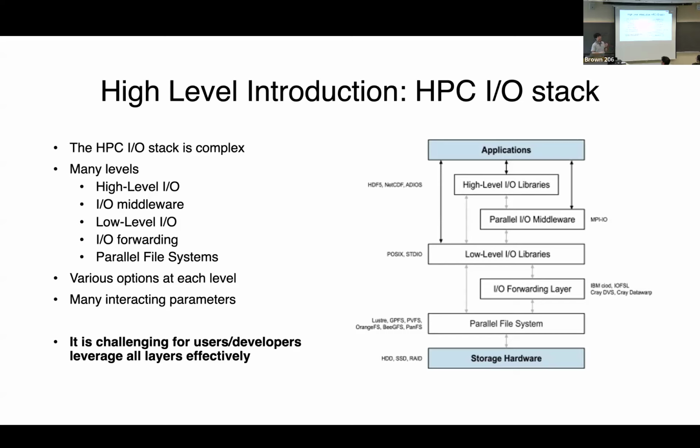And when you get into that situation, what you look at is this stack. And what you want to do is to see, oh, my application is not doing well here. How can I make it perform well? So it's very challenging for them to do so. What they are doing right now at NERSC, for example, one of the largest open community HPC centers, is that most of the domain scientists have to rely on IO experts, like the ones they collaborate with here.